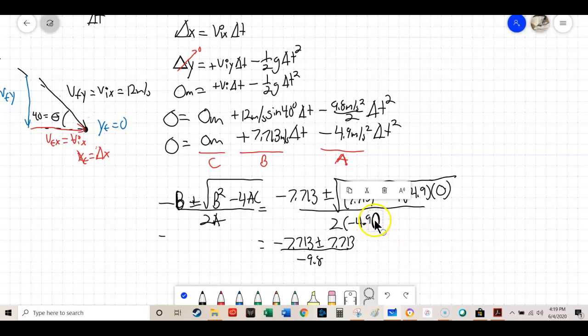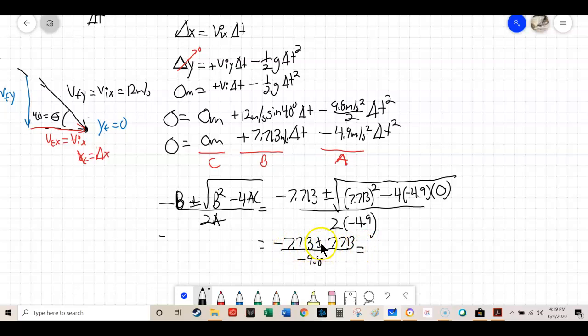We took the square root of that and divided it by 2, and now we have to multiply it by 2.